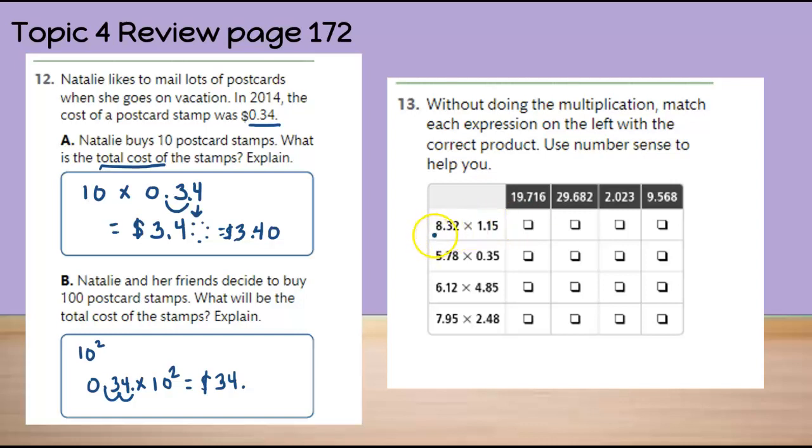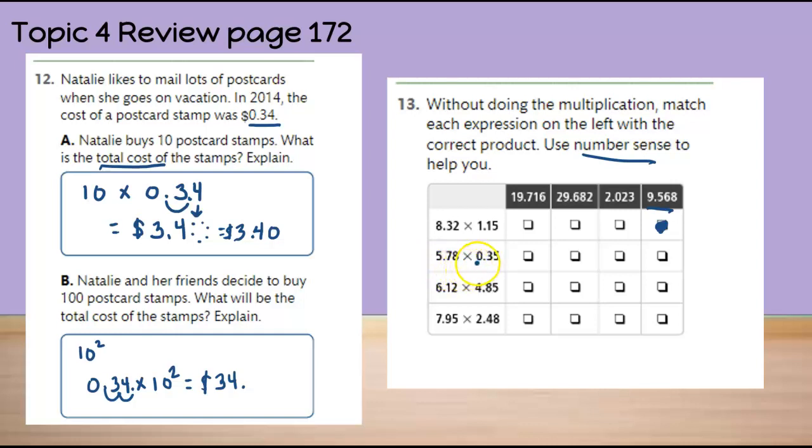So here I have 8. 8 times 1, if I'm not trying to multiply using the standard algorithm, I'm just using number sense. 8 times 1, that's 8, but I know that there's some decimals afterwards, so it might be a little more than 8. So I'm going to go with the number that's closest to 8, which is 9 and 568 hundredths. So that one's going to be my answer.